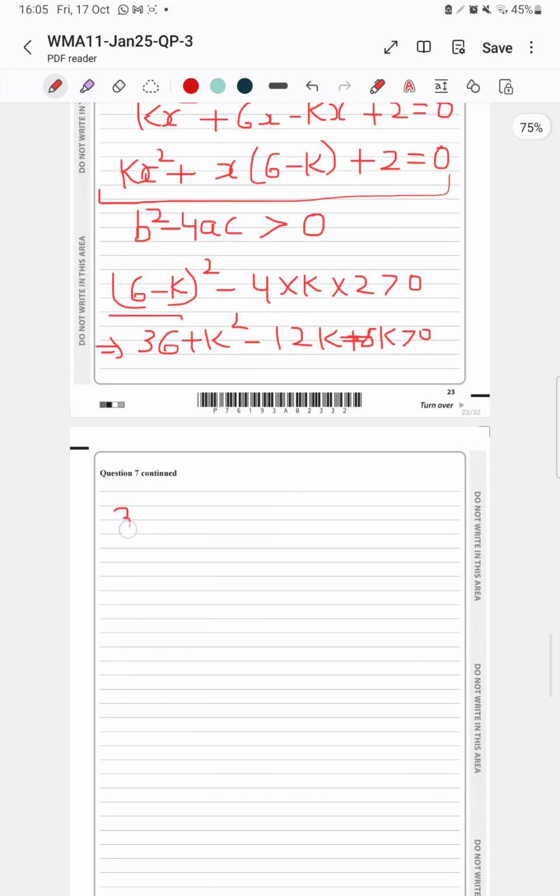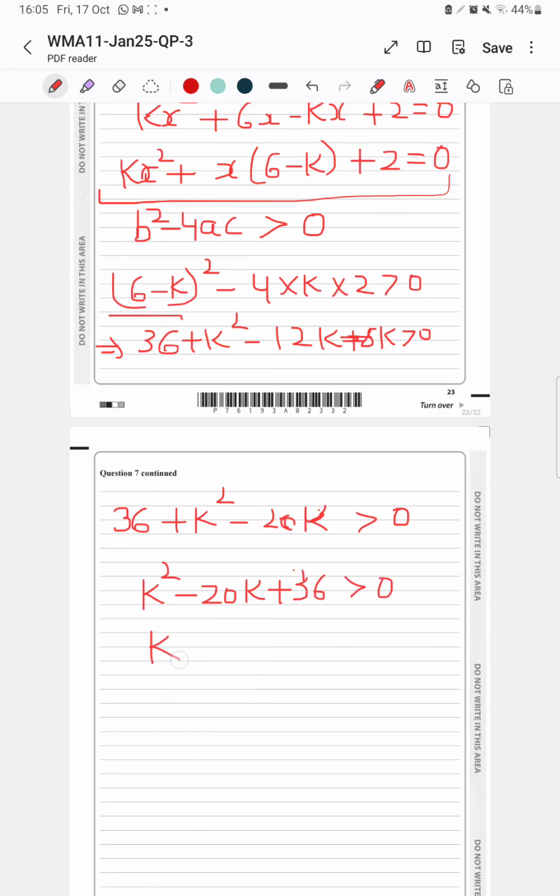If I continue, it will be 36 plus k squared minus 20k greater than 0. So k squared minus 20k plus 36 is greater than 0. And if I simplify it, it will be equal to (k minus 18) times (k minus 2) greater than 0.